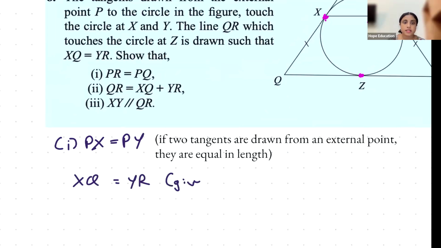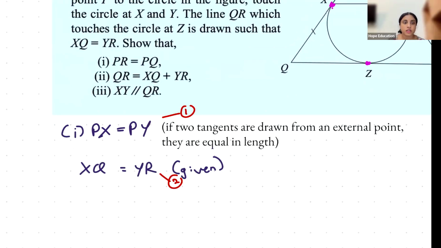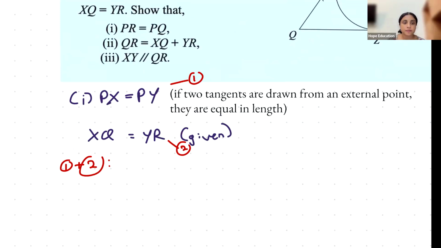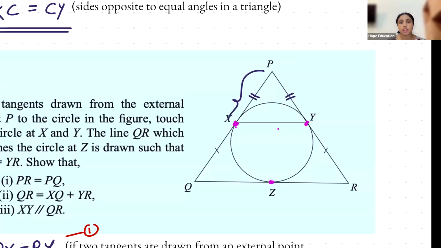So if I label this as equation 1 and this as equation 2, and you add 1 and 2, you get PX plus XQ on this side equals PY plus YR on this side. So PX plus XQ can be PQ.